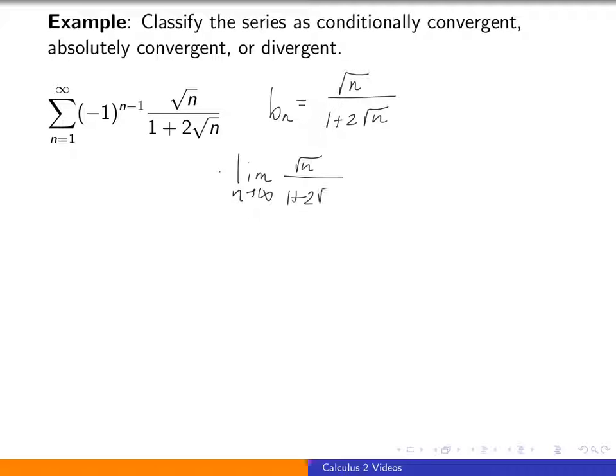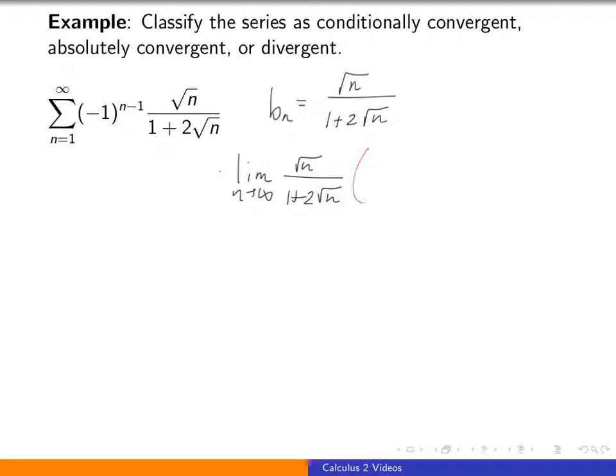Comparing the top and the bottom, the largest power of n in the top is 1/2, the largest power of n in the bottom is 1/2. So simply dividing the leading coefficients suggests that the value of this limit should be 1/2. Because it's not a rational function, that is, it's not a polynomial over a polynomial, you could do an extra step of work.